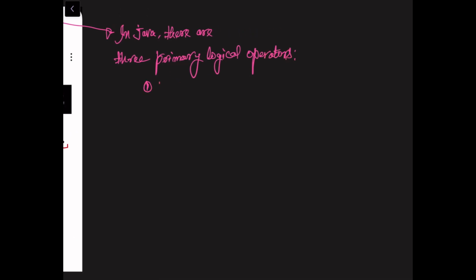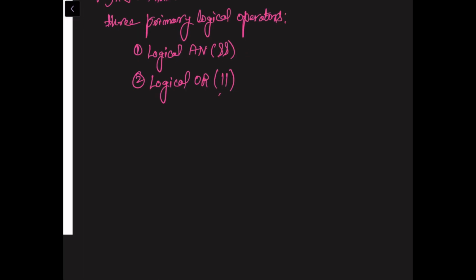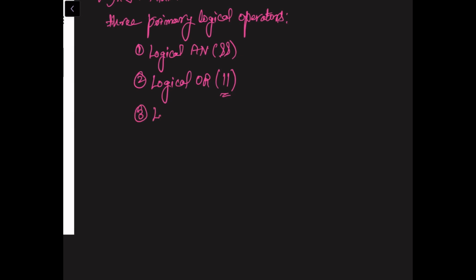First one is logical AND operator, and the symbol is this. Second one is logical OR operator, and the symbol is this. And third one is logical NOT operator.